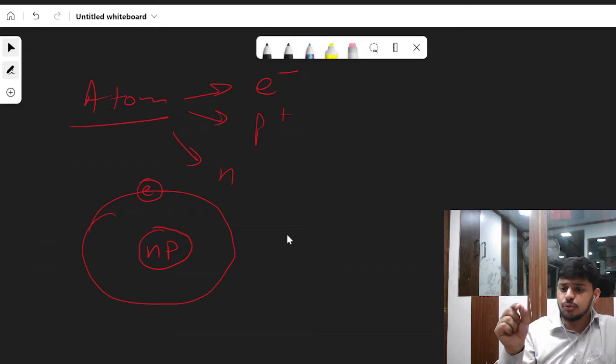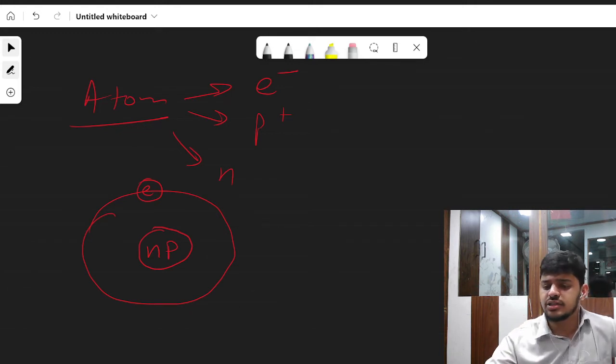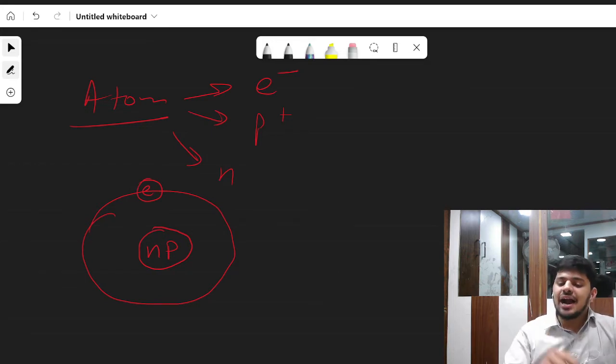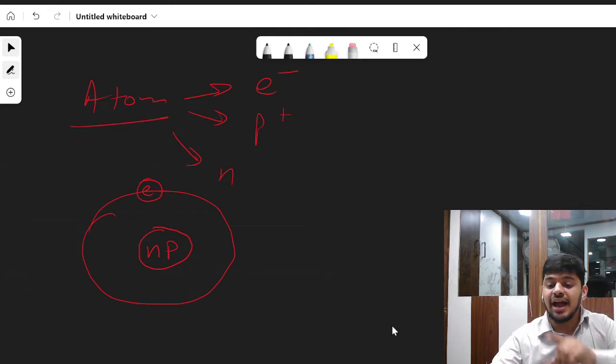They will check in the computer and tell you who this person is. So the Emirati ID tells you who you are, what your identity is. Same here for the atoms. For the atoms, the ID is the number of protons.